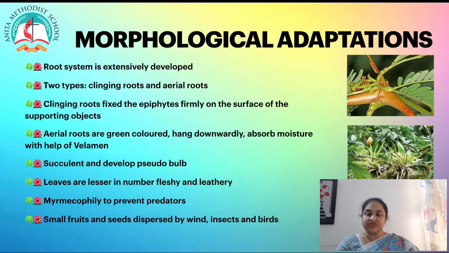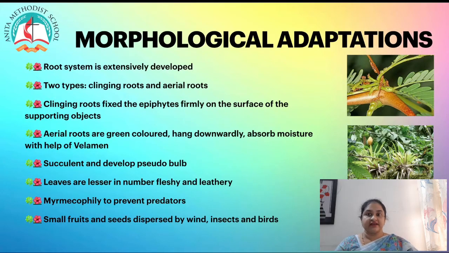The clinging root system's purpose is to fix the epiphytes firmly on the surface of the supporting plant, and the aerial root system roots are green colored and hang downwards. They absorb moisture with the help of velamen. Velamen are spongy tissues.